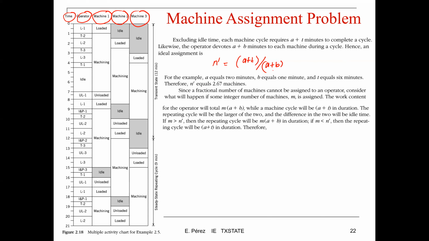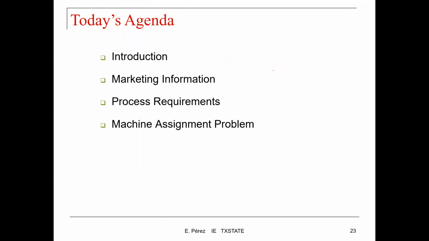The repeating cycle will be the larger of the two, and the difference between the two will be the idle time. If M is greater than N prime, then the repeating cycle will be M times (A plus B) in duration. If M is less than N prime, then the repeating cycle will be A plus T in duration.